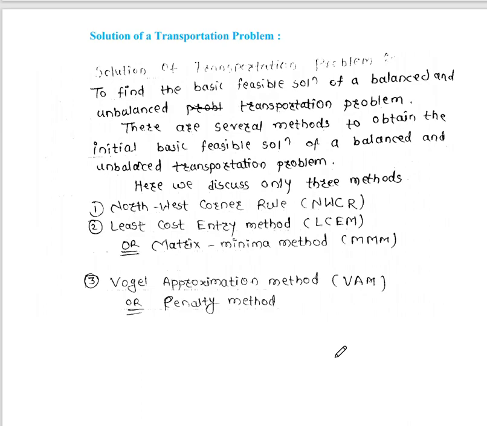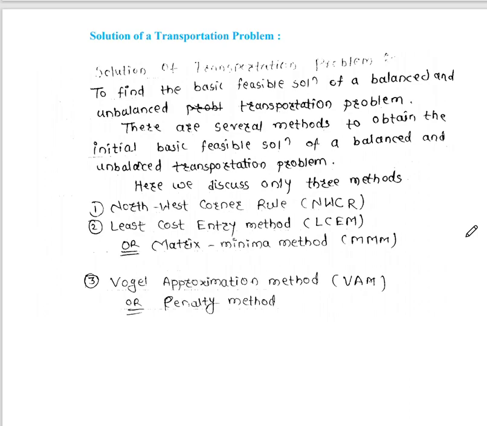If the problem is balanced, then we will go directly by any method. If the problem is unbalanced, then we first have to balance that problem. There are several methods to obtain the initial basic feasible solution of a balanced and unbalanced transportation problem. In our syllabus we will discuss only 3 methods.